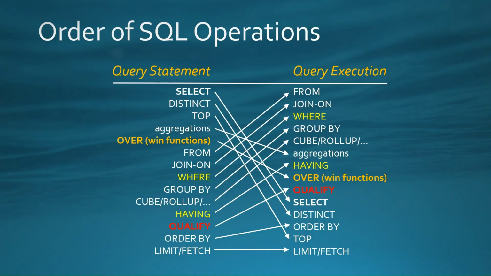Related to qualify, let's have a look first at other clauses we discussed, the where and the having. You can see here where and having. Let's have a look at where on the left side. It doesn't matter what it is, because we tried to filter a window function there. But look on the right side. Where is on the top.